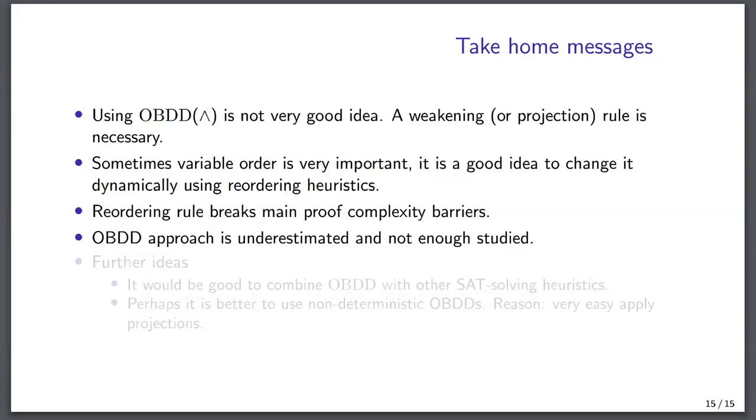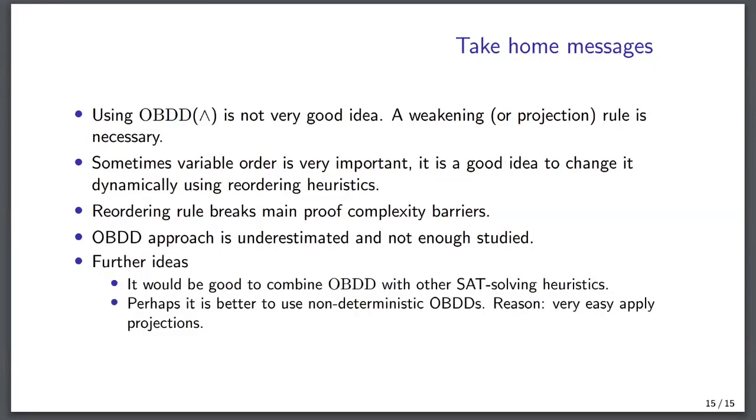Okay, and further ideas. First of all, maybe it is good to combine OBDDs with other SAT solving heuristics. And my personal idea is to use not OBDDs but non-deterministic OBDDs. This is an extension of the notion of OBDD, but it has a very nice property, for example, that applying projection in this model does not increase the size.